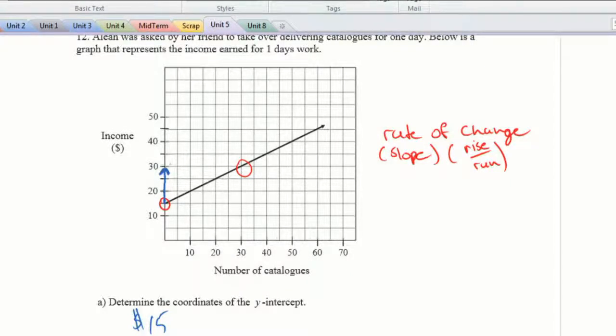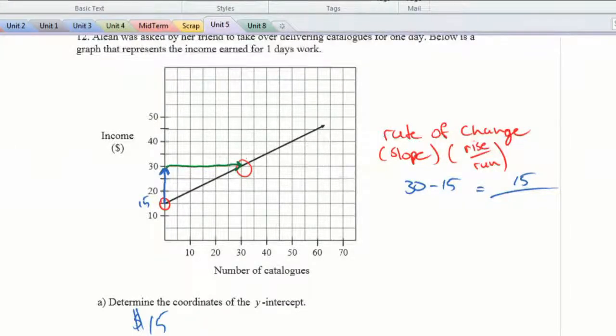So the rise, I'm going to figure out how high I need to go if I start at this first circle to get up to the second circle. So what is my rise? I've gone from 15 and I've gone up to 30. So how many did I go up? Well, 30 minus 15, which is just the same thing as 15. So I've gone up 15. And then my run. How far do I go over to get from here to here?